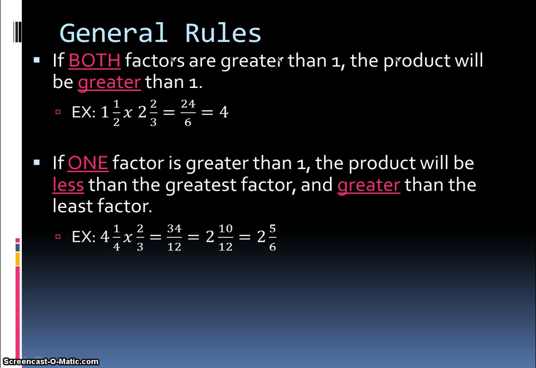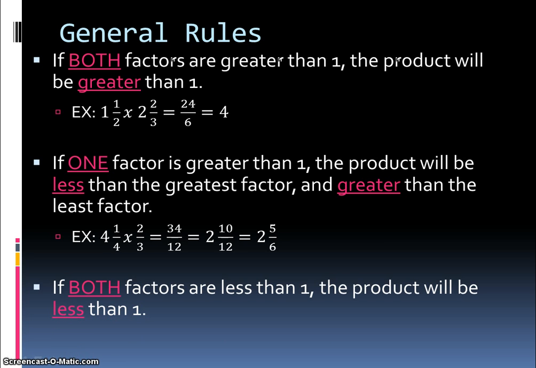The product from this is 34/12, which simplifies to 2 and 10/12, which simplifies even more to 2 and 5/6. As you can see, 2 and 5/6 is less than the greatest factor, which is 4 and 1/4, but also greater than the least factor. 2 and 5/6 is greater than 2/3.